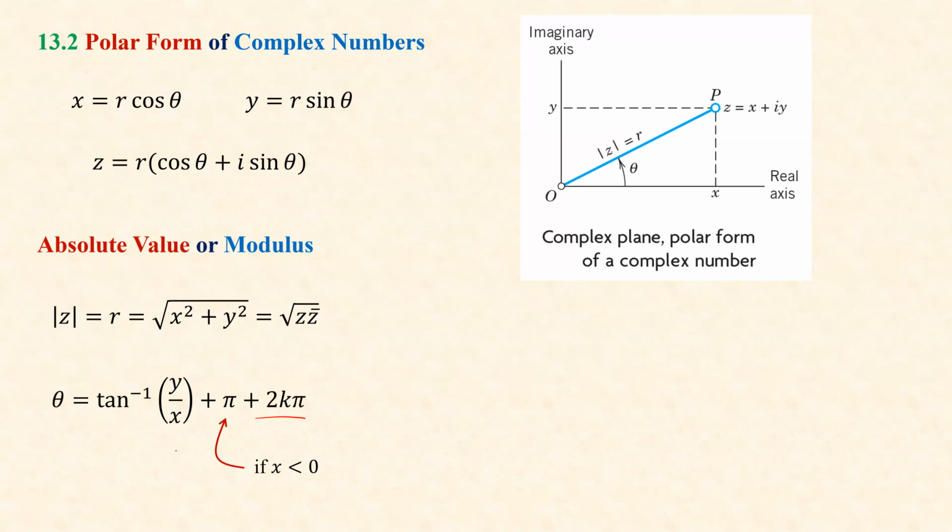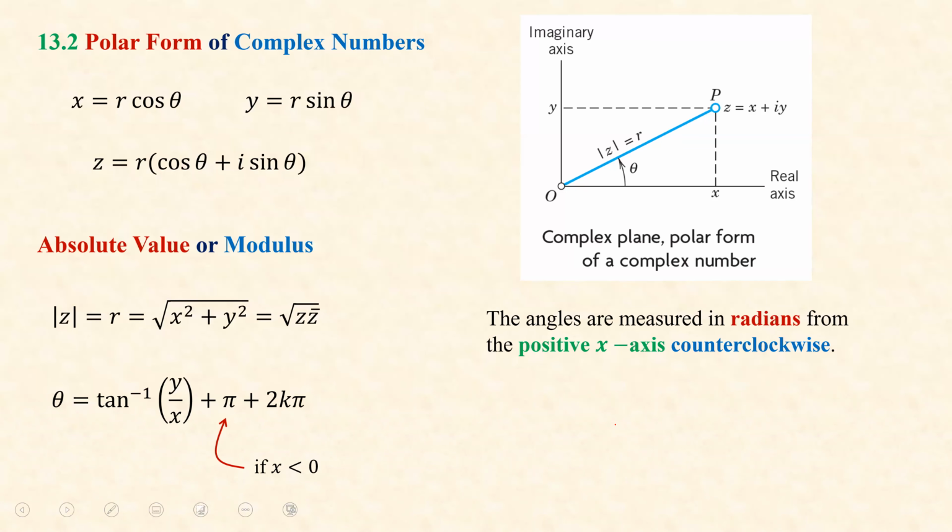All right, is that clear? This theta, the angle, is measured in radians from the positive x direction counterclockwise. If it is between negative pi and pi, we denote that by capital Arg z, meaning the principal argument of z.